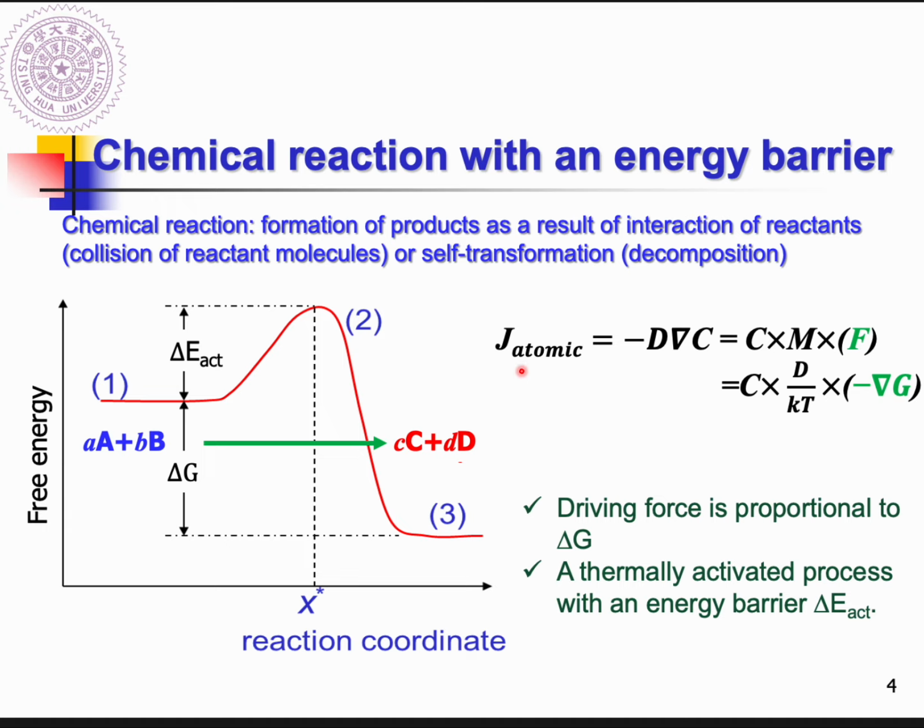Based on this equation, the flux equals minus diffusivity times concentration gradient, and can also be written as concentration times mobility times driving force. And the driving force is minus the gradient of Gibbs free energy. So if we have a larger delta G, then we will have a higher flux, and that will make the chemical reaction faster.